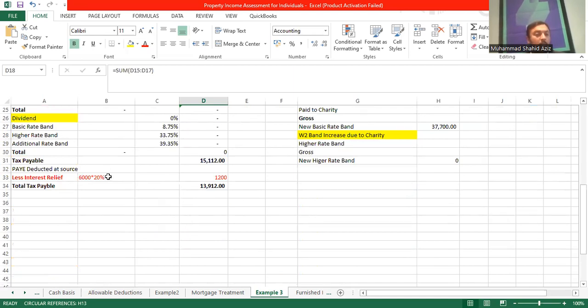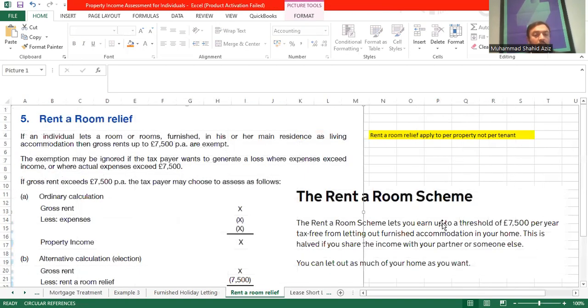The interest was 6,000 pounds, and the relief is only available at 20%. So 20% of 6,000 is 1,200. From this tax, we will minus this 1,200. So the tax to pay will be 13,912 pounds.